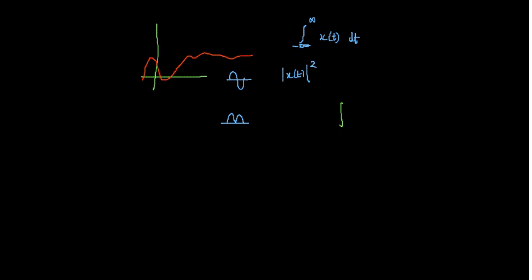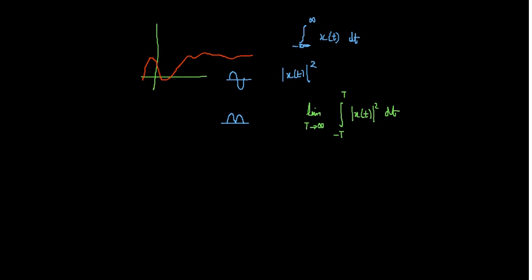So now the energy is the integral from minus T to T of mod of x of t whole square dt. Now limit, why limit T tends to infinity? Just because we need to consider the area of the signal all the way around, as long as it exists, for all the duration from minus infinity to infinity.